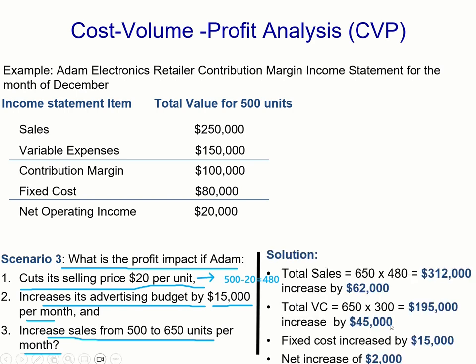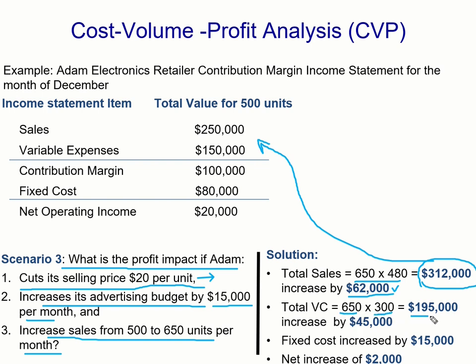First, let's start with sales. We're going to have 650 units times 480. We're going to have sales of 312,000, so we're going to increase sales by 62,000. We're always comparing to this data. Variable expense is 650 times 300, going to increase to 195,000, which is an increase of 45,000.